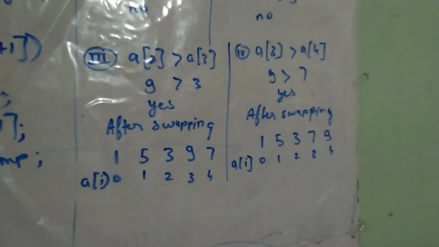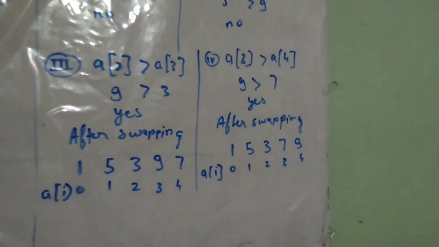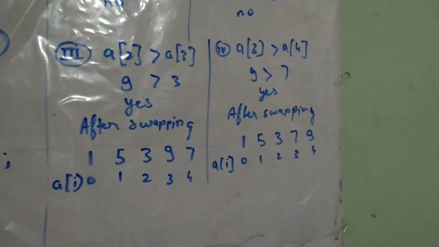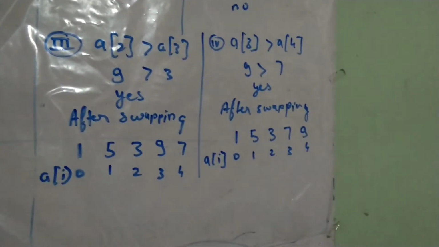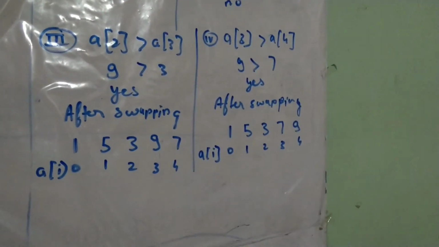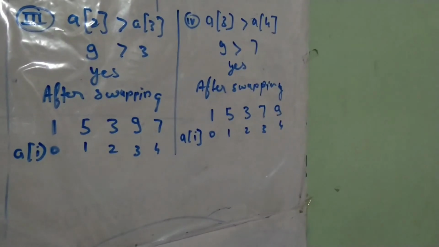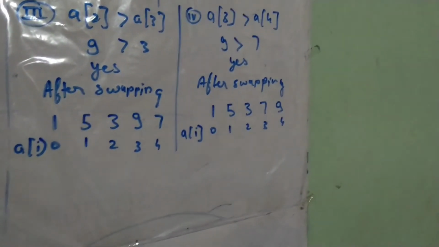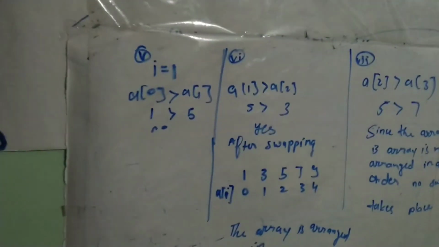Moving to the fourth case, it becomes a of 3 greater than a of 4. Now a of 3, you can see, is now 9, so 9 is greater than 7, yes. So after swapping it, the array becomes 1 5 3 7 9. Now from the fourth case, moving on to the fifth case.